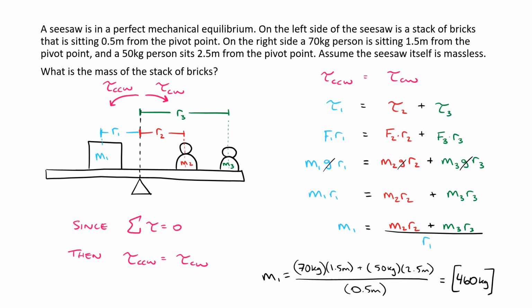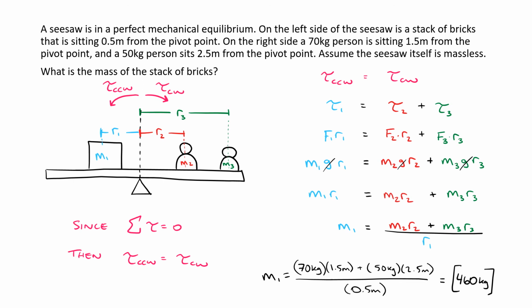So that's me just rewriting that. Now let's flesh out what each of those things means. There's only one object over here trying to make it twist this way. There are two objects in two different locations trying to make it twist that way.